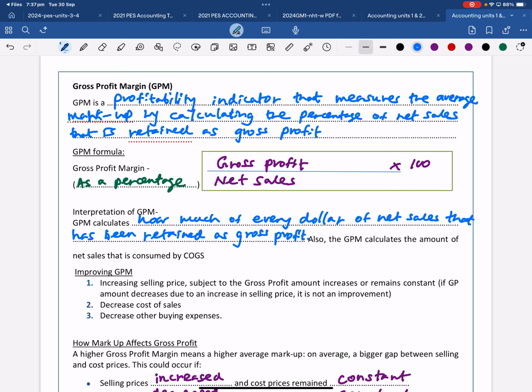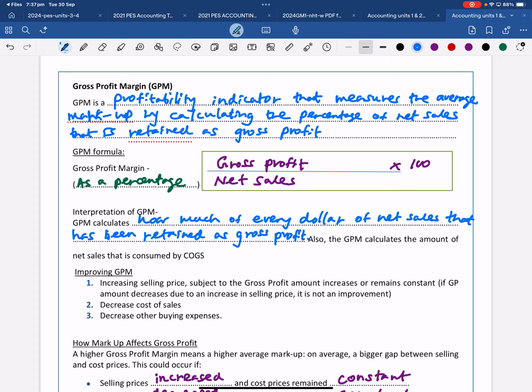Now, what is the opposite of margin? Markup. Markup means what? We compare the gross profit with what? Net sales?